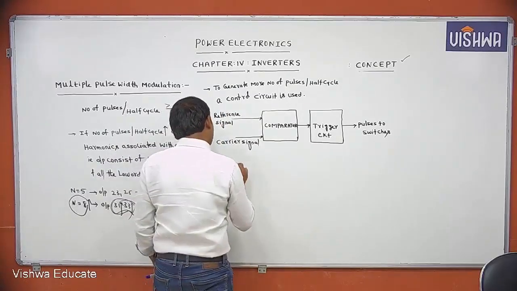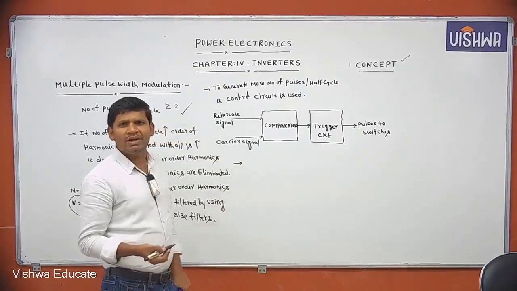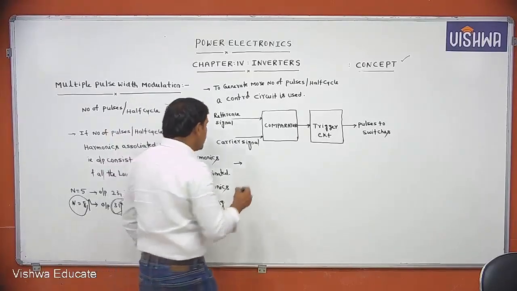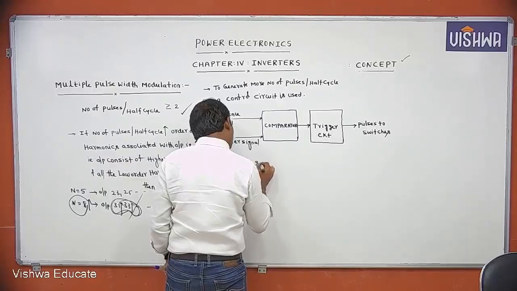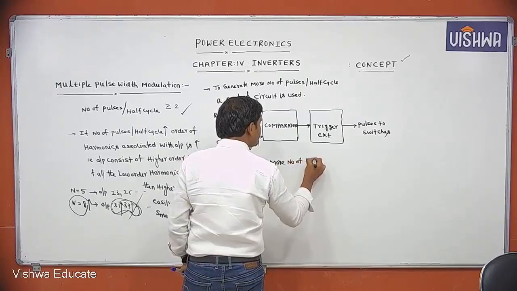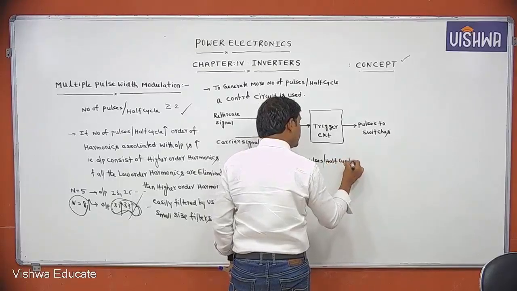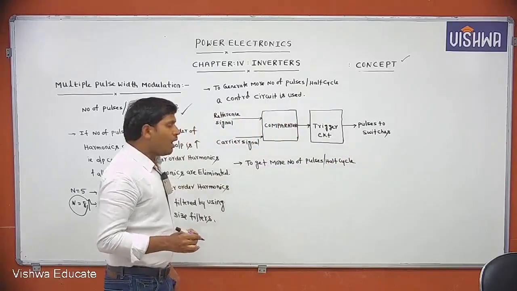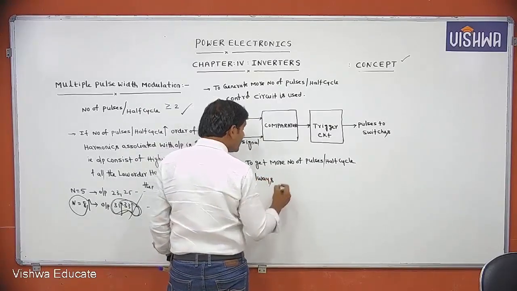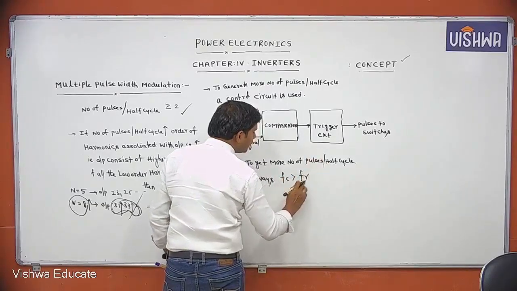But the point to remember: to get more pulses per half cycle, you must always maintain the carrier signal frequency, that is FC, greater than the reference signal frequency FR.